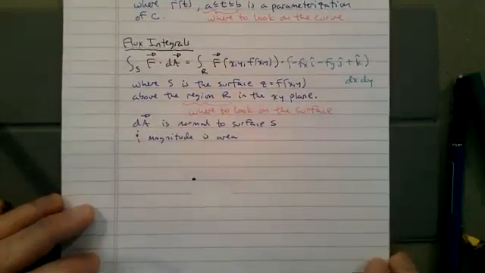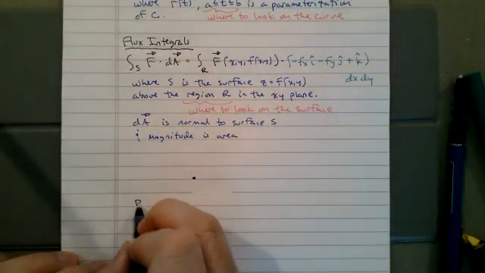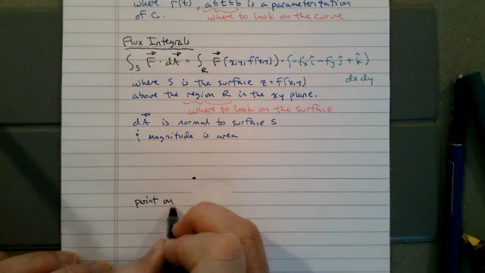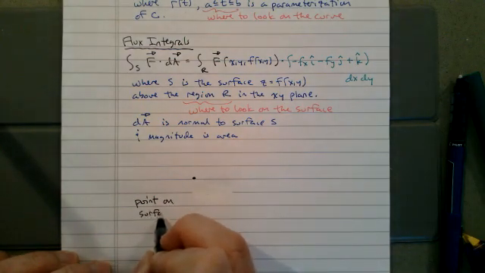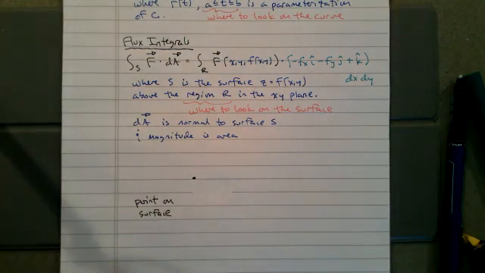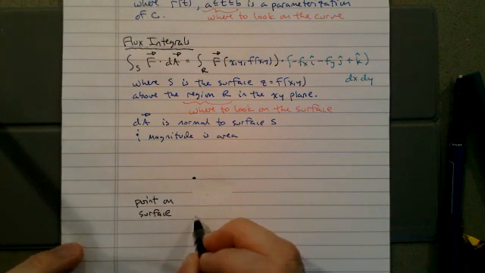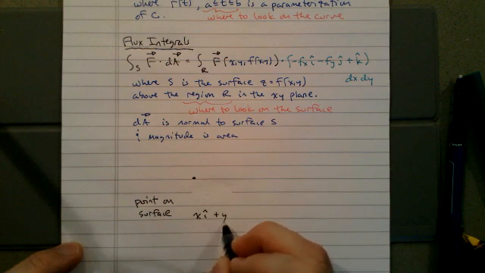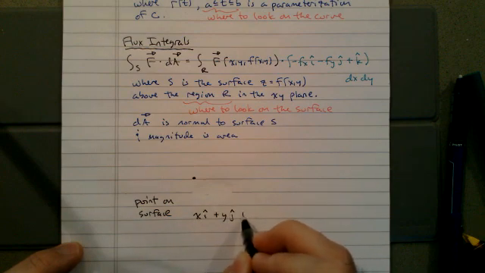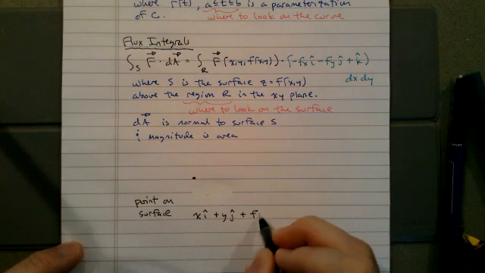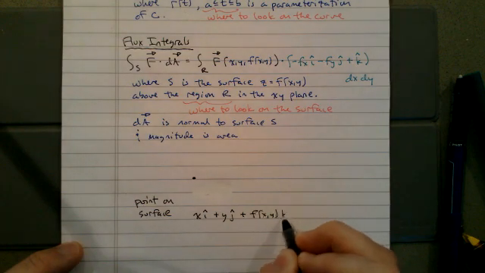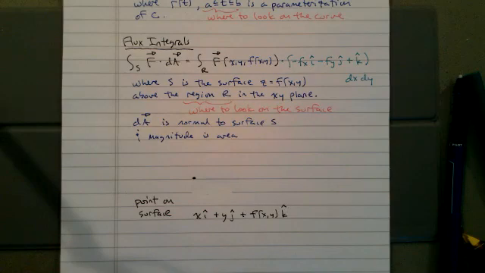If we imagine a point on the surface, and let's look at this from the top down. What we're going to do, so the point on the surface here is going to have some x coordinate in the i direction, some y coordinate in the j direction, and the z coordinate will be f at x, y in the k direction.